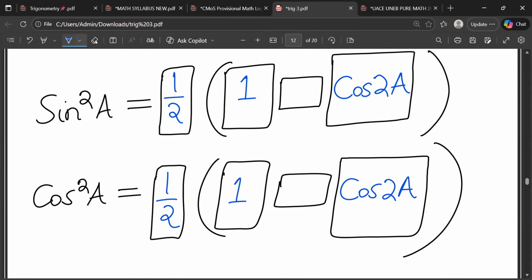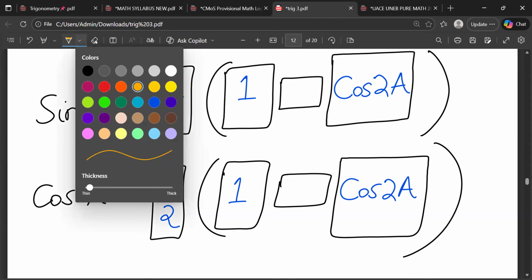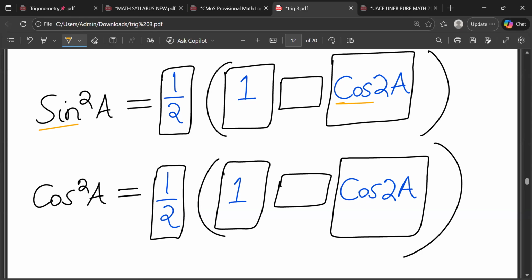So for the half angle of sine, we shall use negative since this is sine and this is cos. And this is cos, so we shall put here a plus. What has been A has become 2A, so we have doubled the angle. Yeah, that is good.